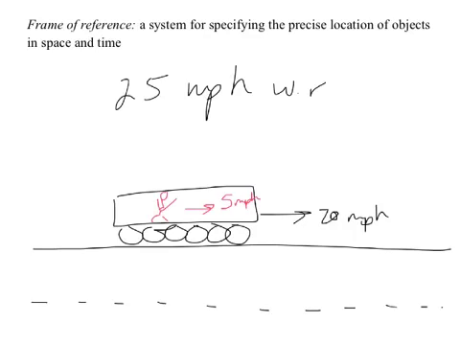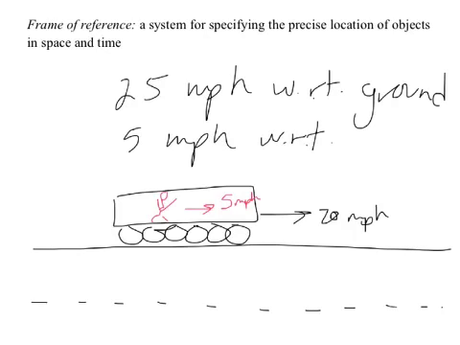WRT, with respect to the ground. Now you're moving only at 5 miles per hour with respect to the train, so 5 miles an hour faster than the train.